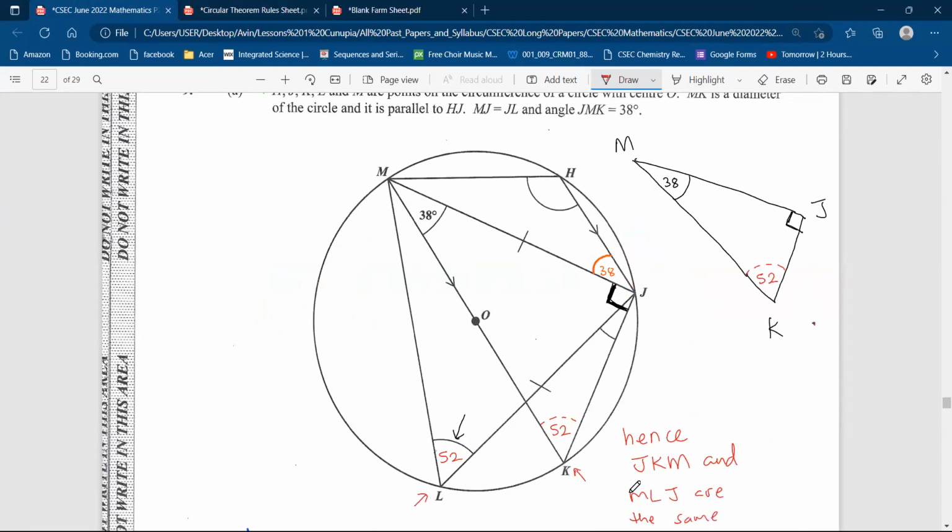So you write the rule and then you specify afterwards that these two angles are the same. But you notice how I wrote the angles, okay? Right, so adding that, I'm using the word hence.